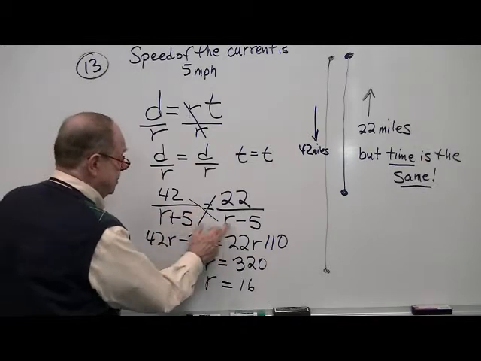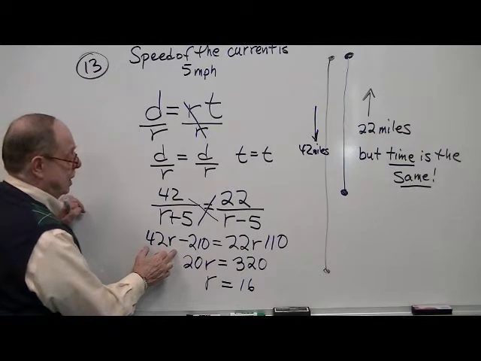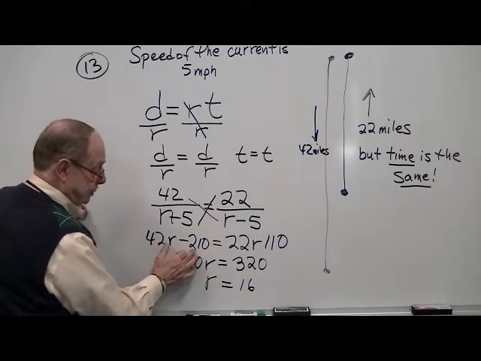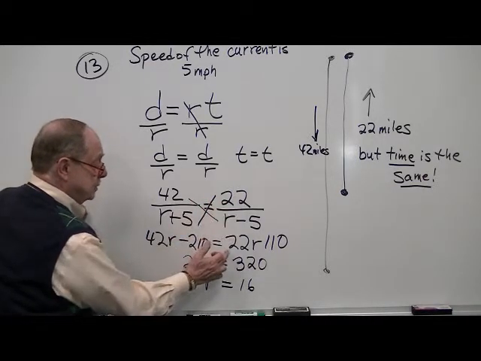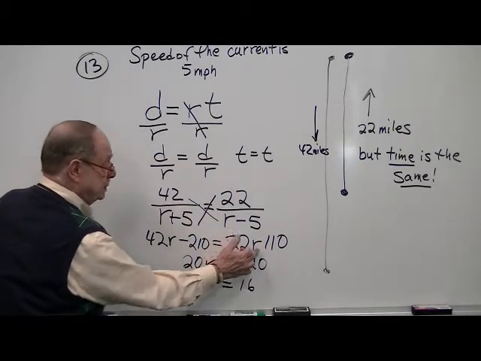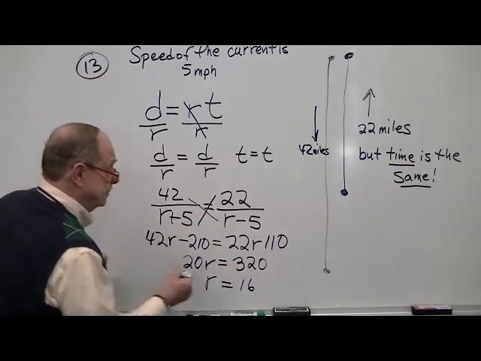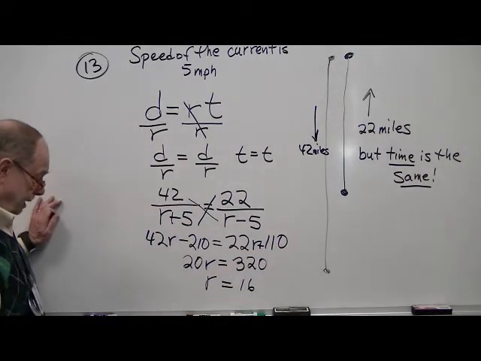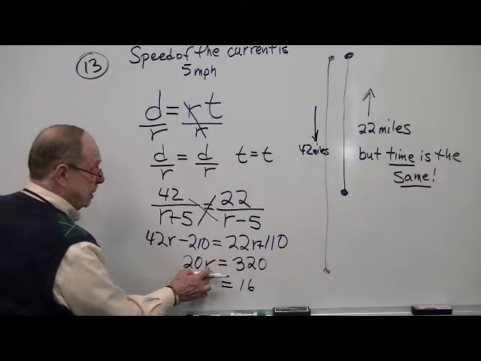So when we cross multiply, we get 42 times r, 42r, 42 times a negative 5, a negative 210, equals r times 22, 22r, 5 times 22 is a positive 110. So I'm going to subtract 22r from both sides. I get 20r.